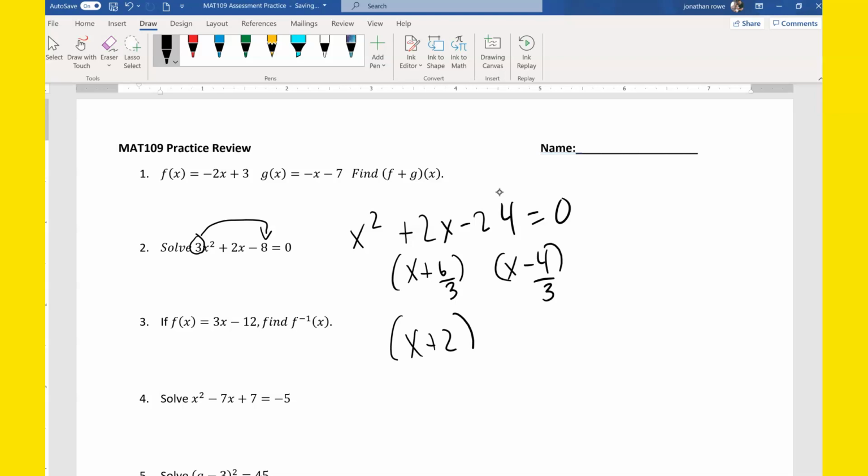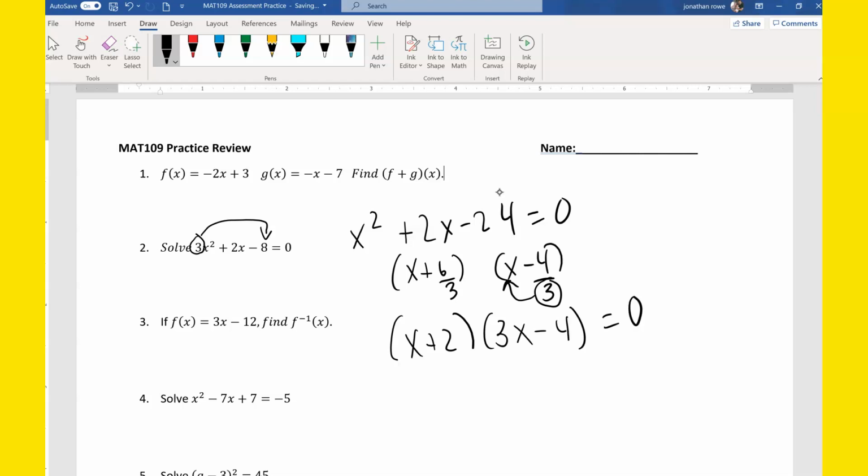The 4 over 3 won't reduce. So if it won't reduce and you still have something on the bottom, slip that back in front of the x. So slip, slide, slip. Slip the 3 down with the 8, slide the 3 back under these two numbers, and then slip the 3 back in front of the x. That's hard for me to remember as I'm teaching it. 3x minus 4.